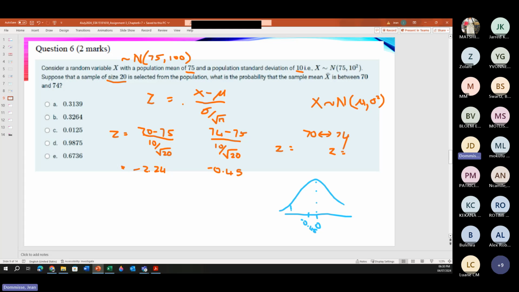And let's say that is minus 2.24. And we want to know that space between those two. Okay, so you can already see again that is 0.5. So this is going to be smaller than 0.5.